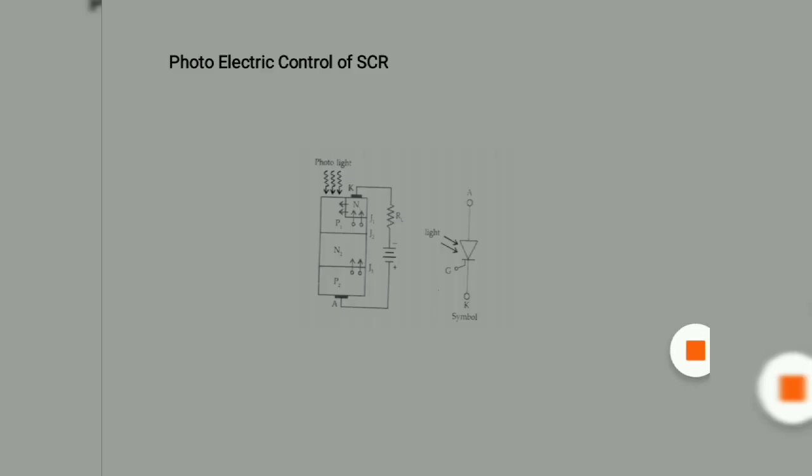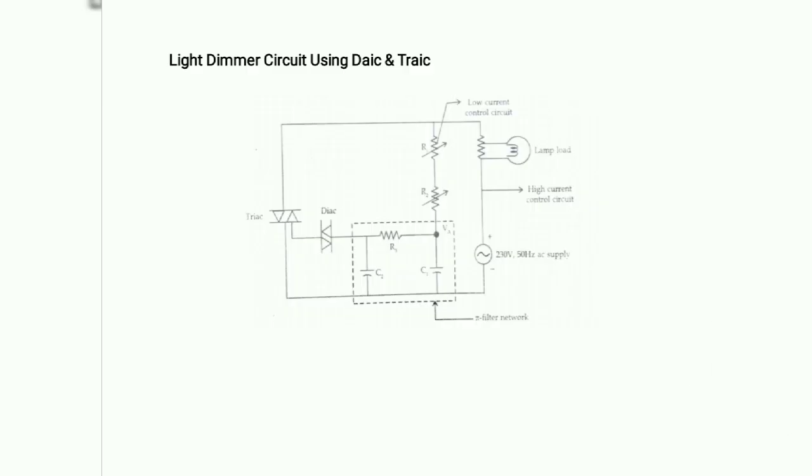Next, the light dimmer circuit using diac and triac. In this circuit, a single diac and triac are used to control both the positive and negative half cycles of the supply. The intensity is varied by controlling the phase of conduction of the triac.